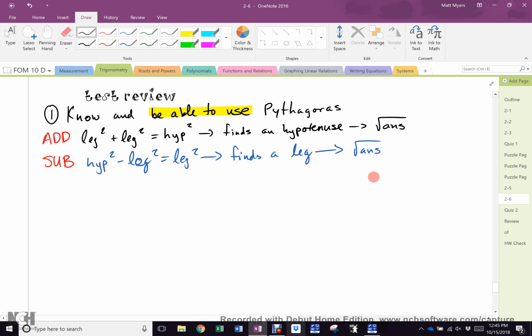Next, 2. Know what a trig ratio is. What is a ratio? Compares two things, right? What then is a trig ratio? Compares two parts of a triangle. What are they?